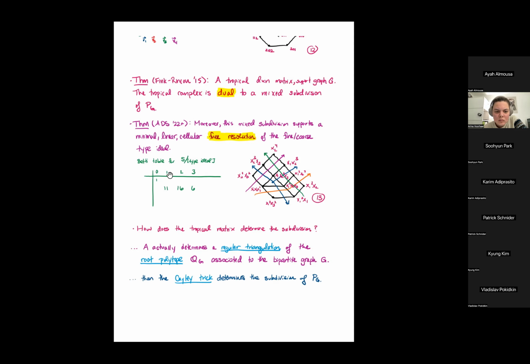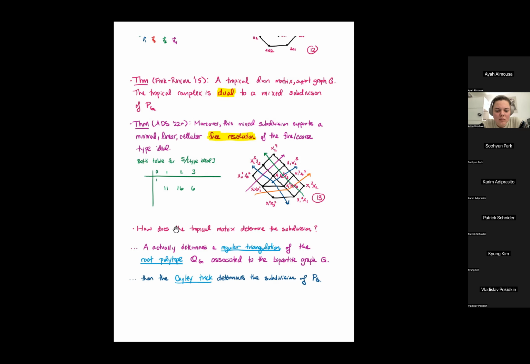So if you know what a Betti table is, and even if you don't, you'll notice that the 11 corresponds to the 11 vertices, the 16 corresponds to the 16 edges, and the 6 corresponds to the 6 faces right here, right? And so I'll talk a little bit more about cellular resolutions in more depth later.